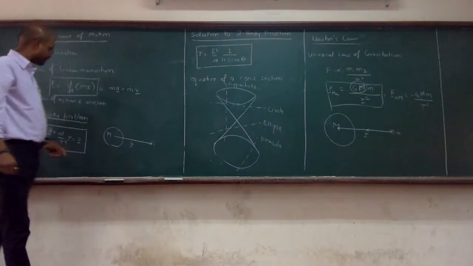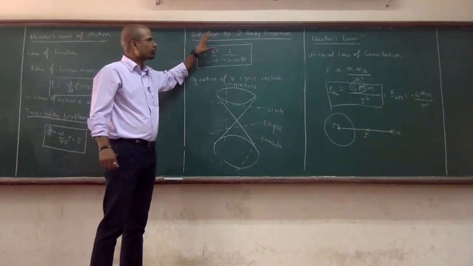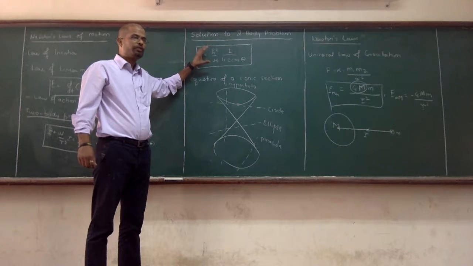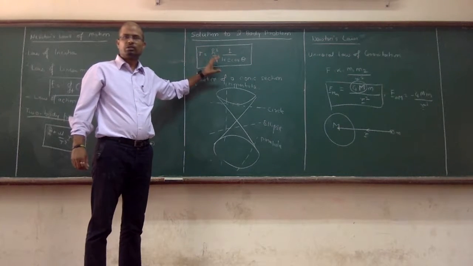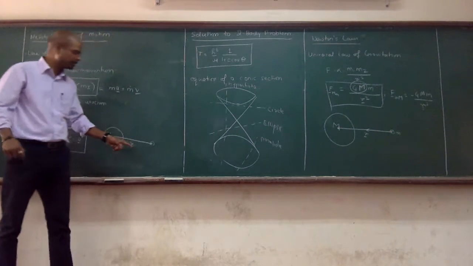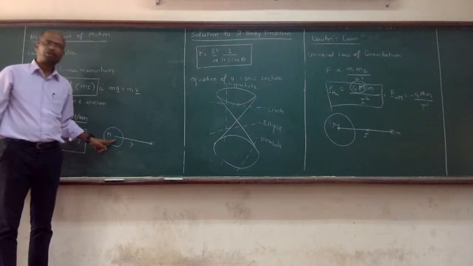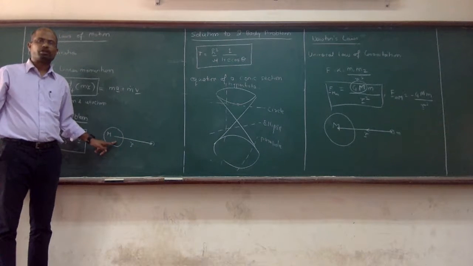Okay. So what this means is, this is called the solution to the two-body problem, or the trajectory equation. Trajectory equation means the trajectory followed by the orbiting body with respect to the central body. This is the trajectory.